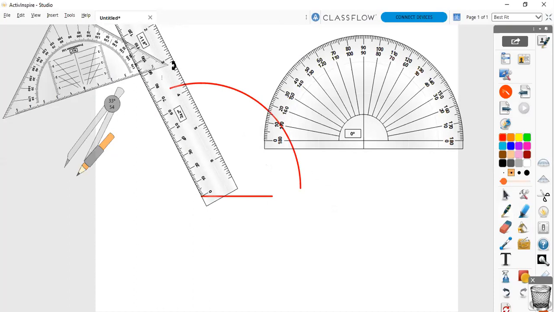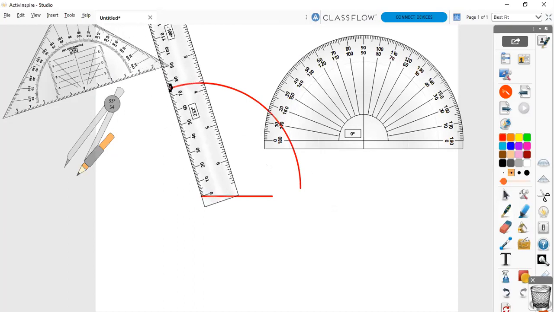I have fixed this 0 point, and then I will rotate this ruler in such a way that it will join. But make sure we only wanted to draw how much? 50 mm, not more than that, from this point to 50 mm line.